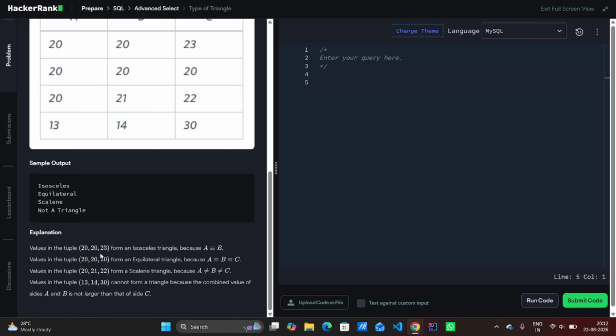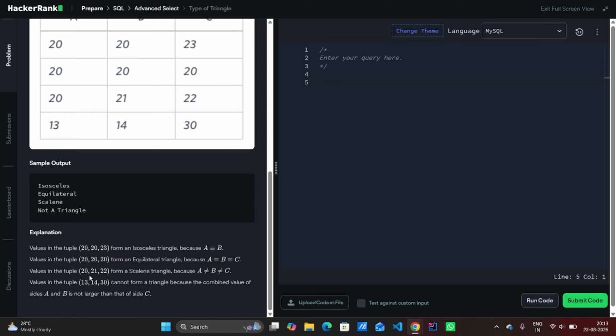Values in the tuple 20, 20, 23 form an isosceles triangle because side A is equal to side B. Values in the tuple 20, 20, 20 form an equilateral triangle because all the three sides are equal. As you know, this is basic mathematics.